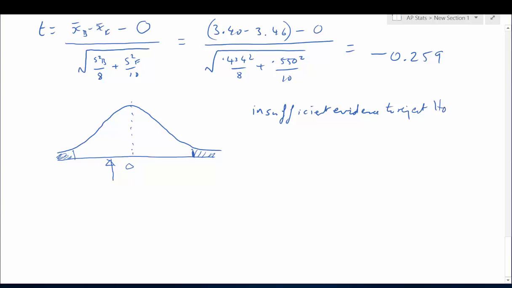If we actually did this on the calculator, it would tell us that the p-value is 0.3996.